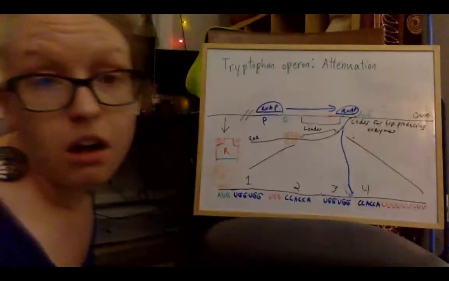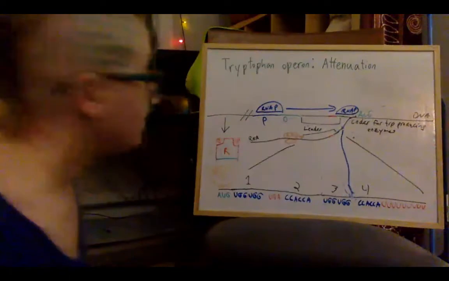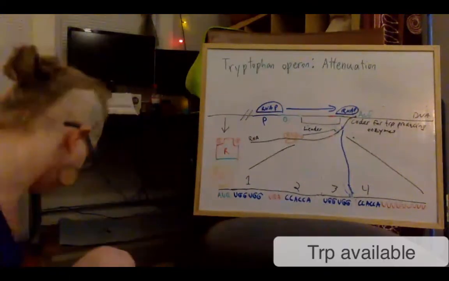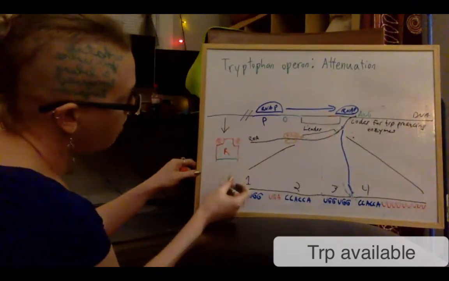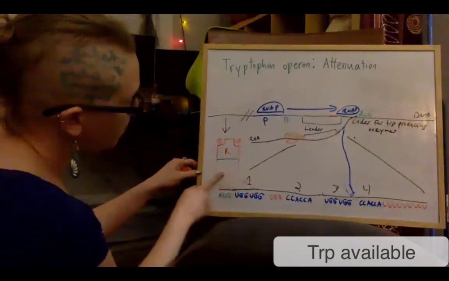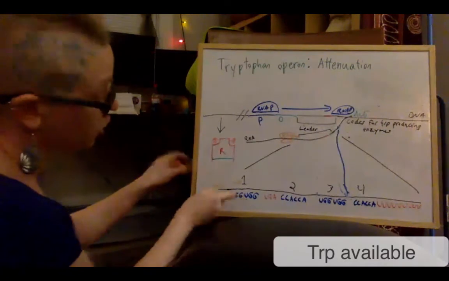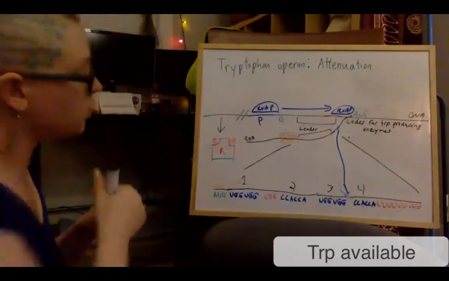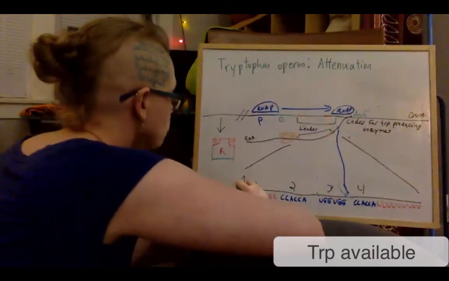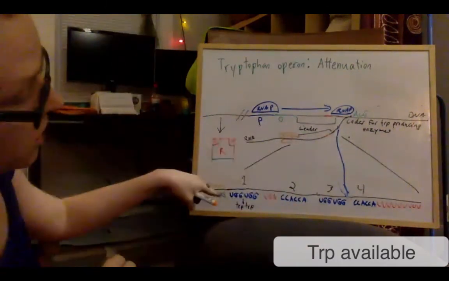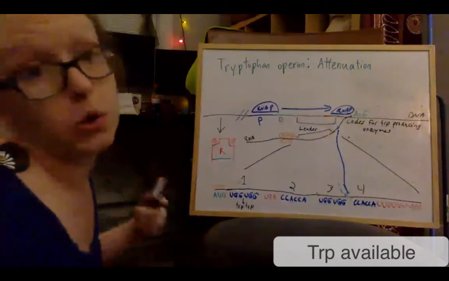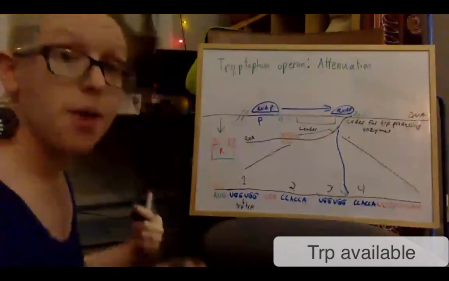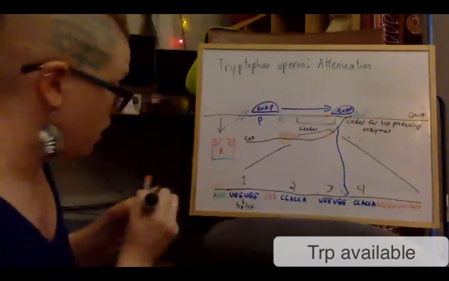And this is when it matters whether or not there is tryptophan available. If there's plenty of tryptophan, then the ribosome is going to head on forward, and it's going to go straight through these 2 codons, because these 2 codons code for 2 tryptophans. Once 1 is freed up, the ribosome is going to be fine finding those tryptophan amino acids because there's plenty in this scenario.